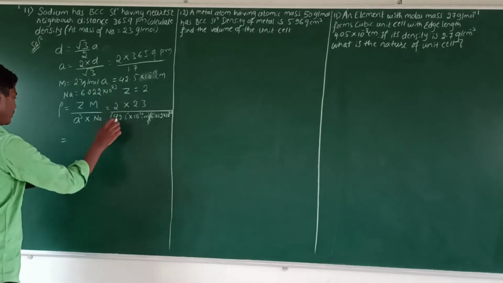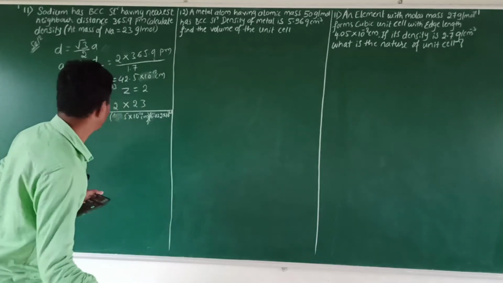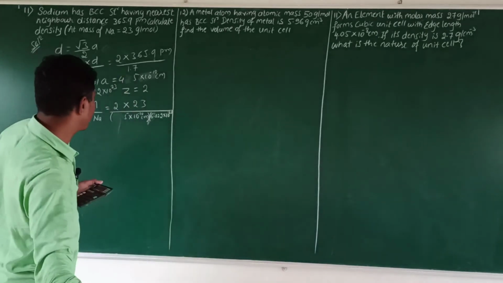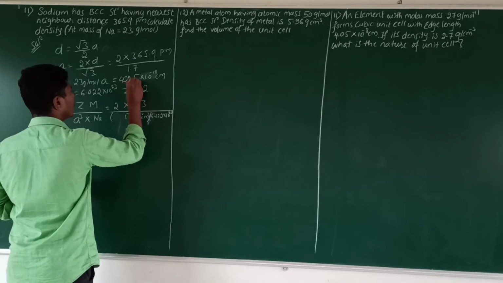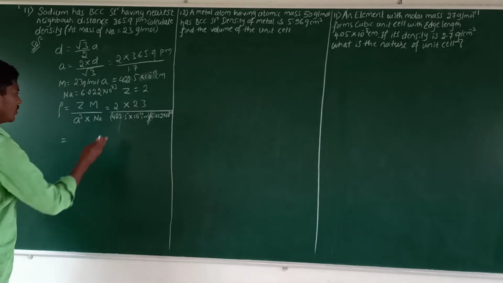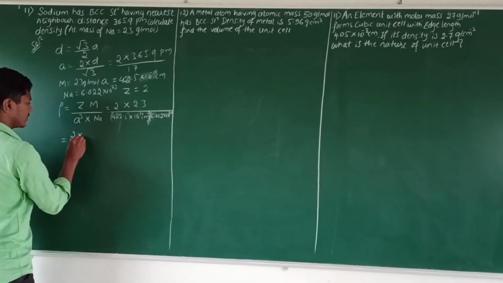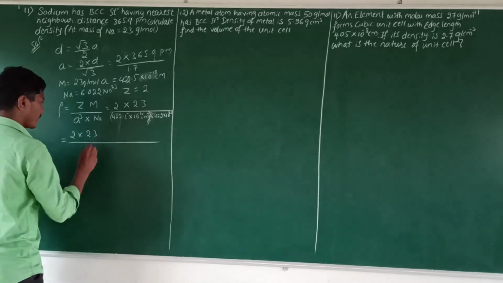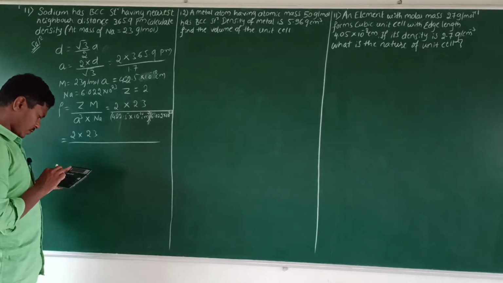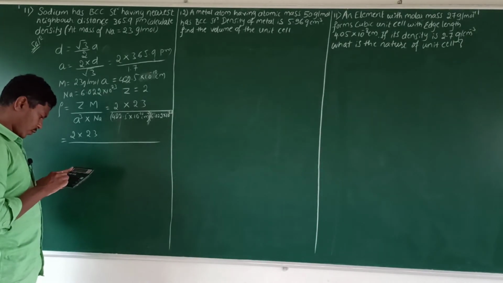On analyzing, we are having 422.5 here. Upon calculation, cube means we write as it is: 23 divided by 422.5 into 422.5 into 422.5.